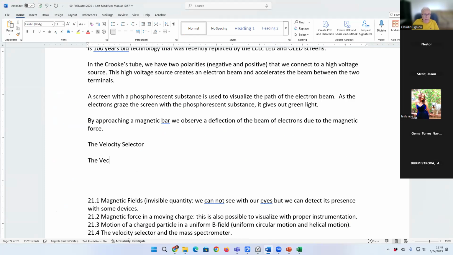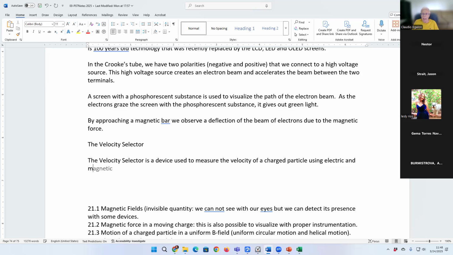The velocity selector is a device used to measure the velocity of a charged particle using electric and magnetic fields.